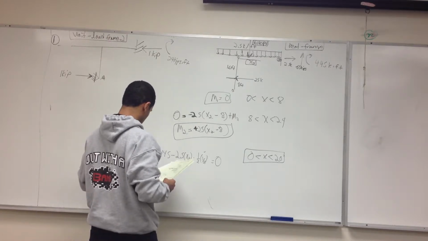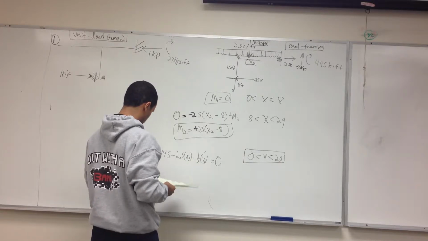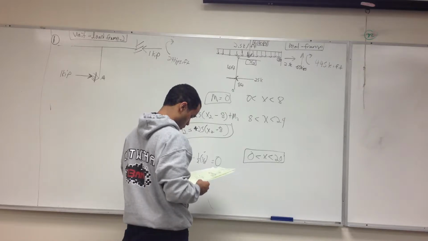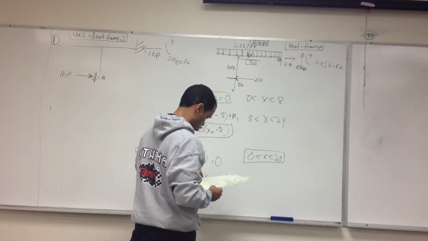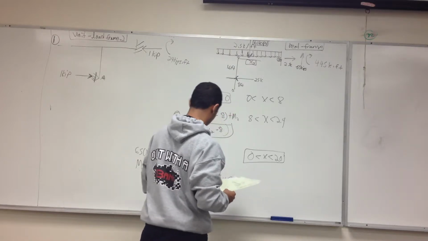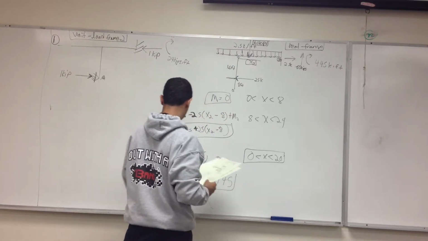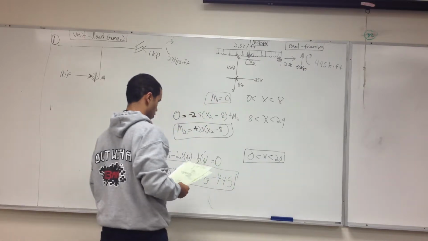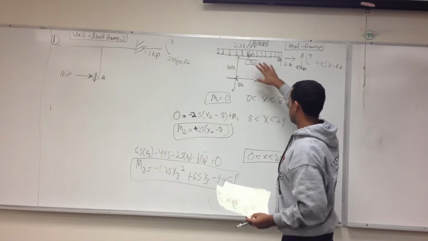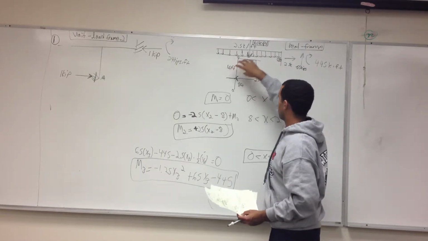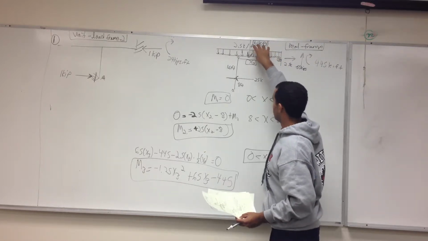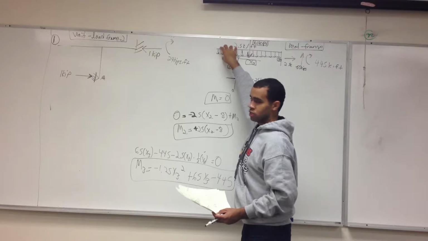So we end up with moment of 3 being equal to negative 1.25 x3 squared plus 65 x3 minus 445. That's for the moment of 3. We have the accumulation of the moment created by this member, the accumulation of the moment created by this portion of this member, and by this other portion at the overhang.